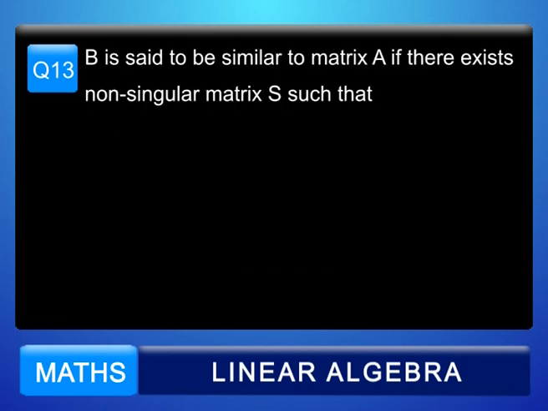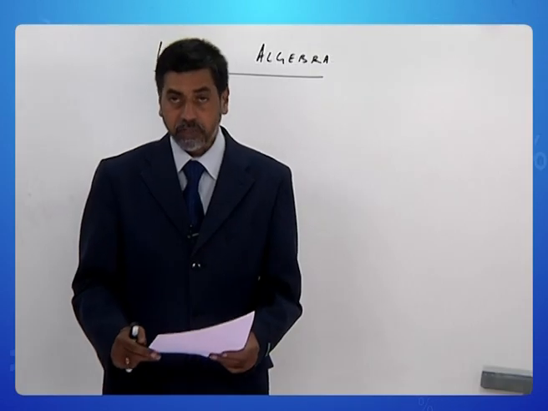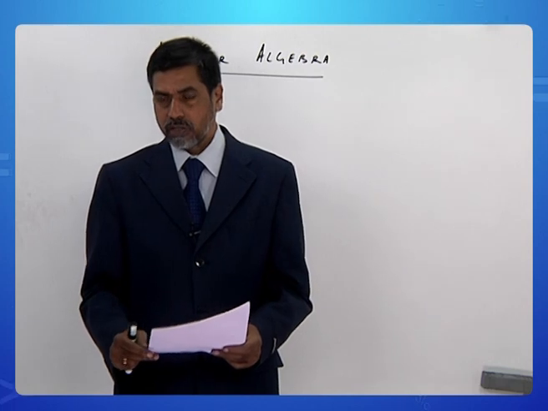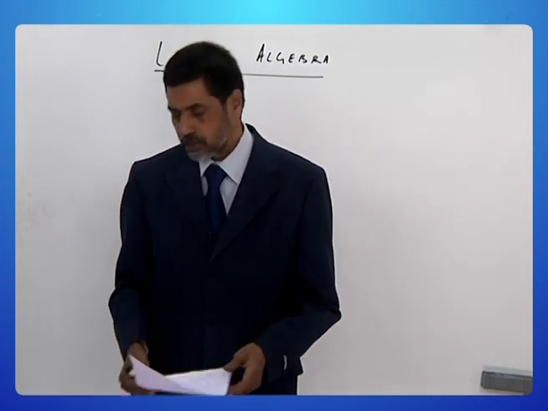Question number 13. B is said to be similar to a matrix A if there exists a non-singular matrix S such that. That means we are asking for the mathematical definition of similar matrices. This has already been discussed.